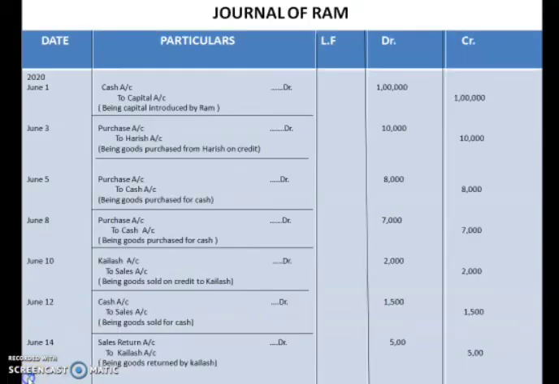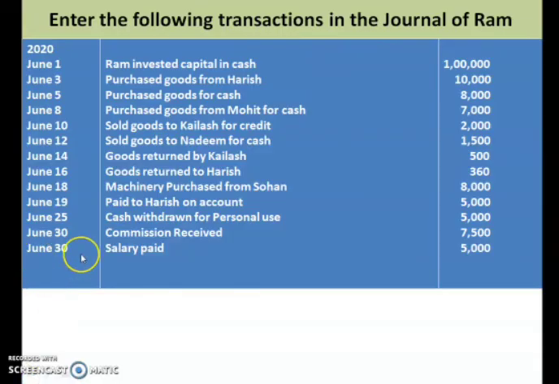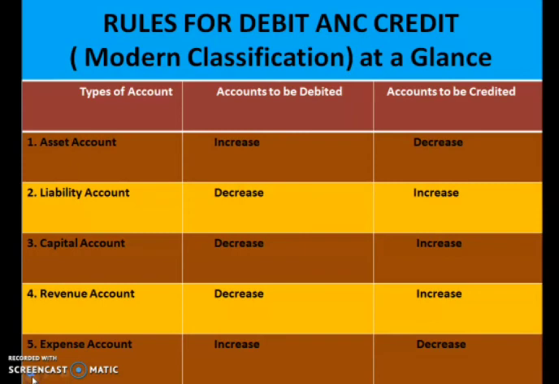Next, again on 30th June itself, salary paid. Salary paid means it's an expense. If you think from the cash point of view, if you are paying salary, that means our cash will decrease. So cash will be credited, and what do we have to debit? Salary is an expense for a firm or business.